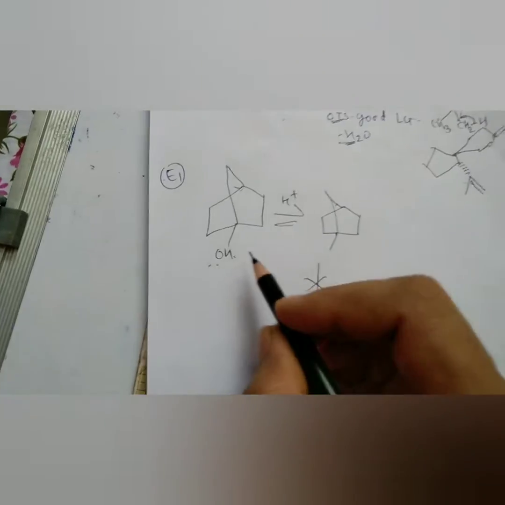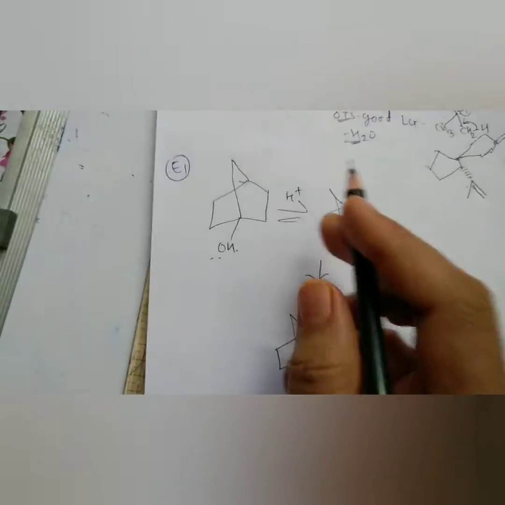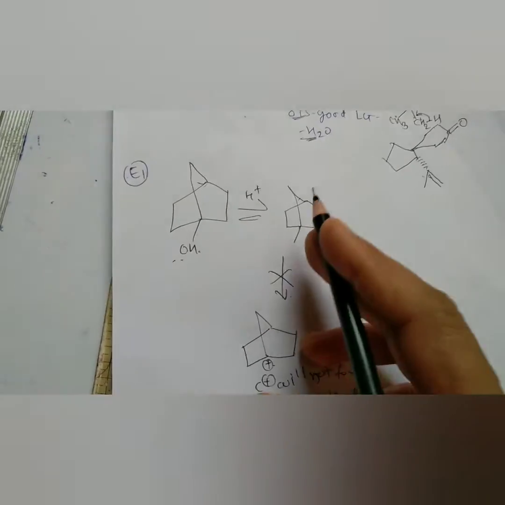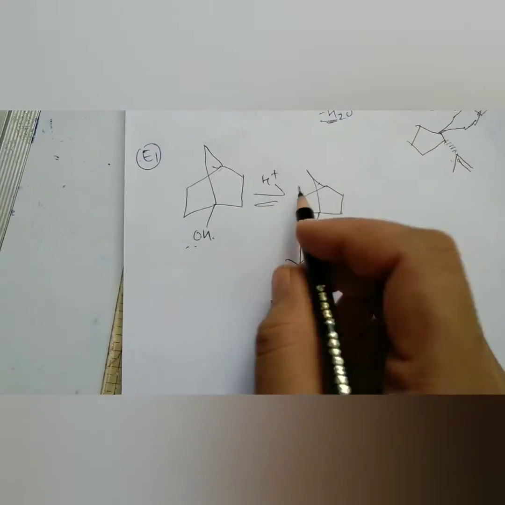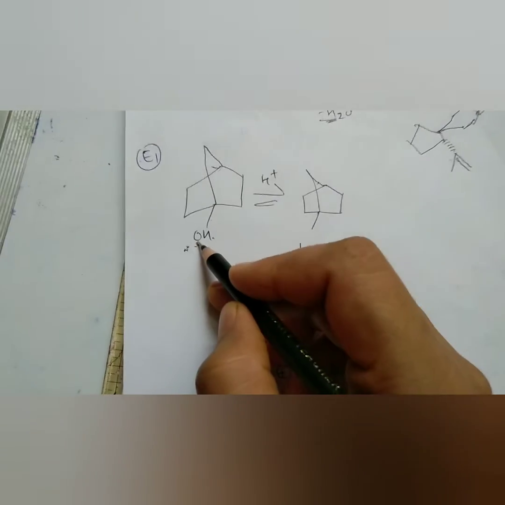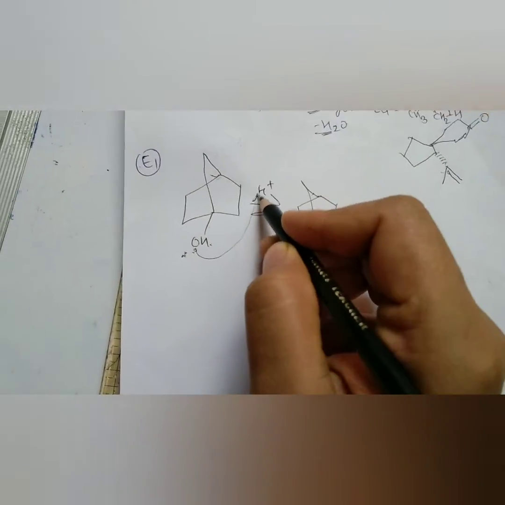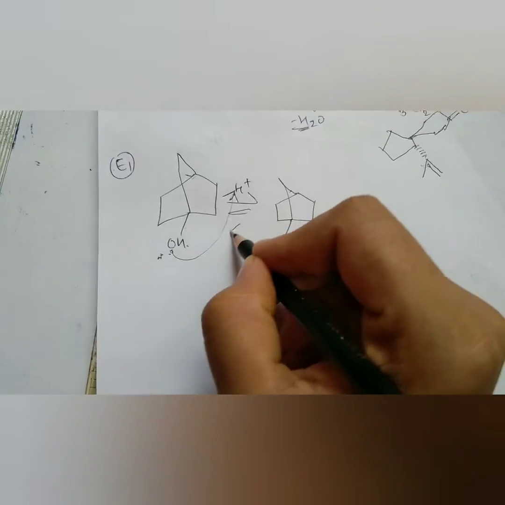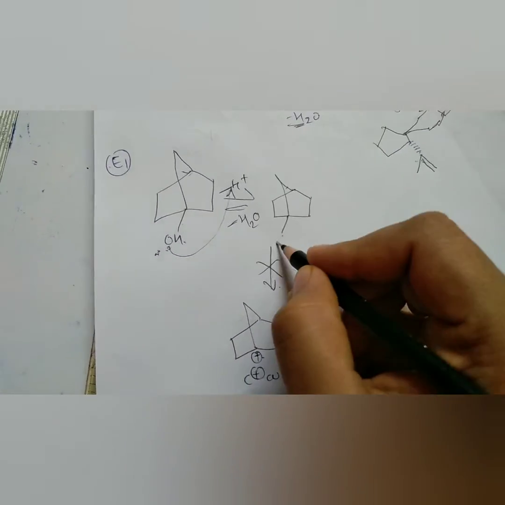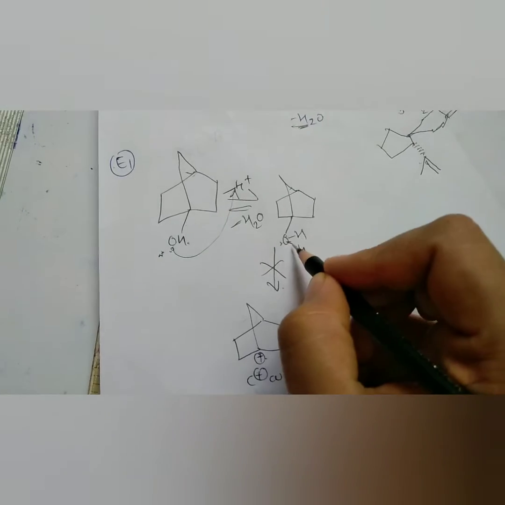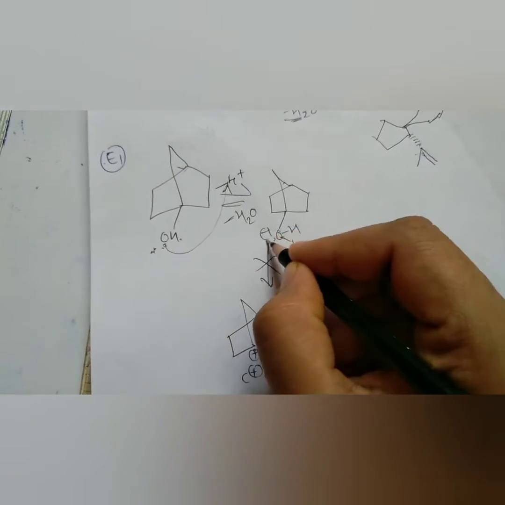Okay. Now the third example: in this example, a bridgehead position carbocation will form. Let's see. Here is the cyclic ring. What happened here? The lone pair of oxygen takes up the hydrogen, and we get the elimination of water, and now the oxygen becomes positive. Why?